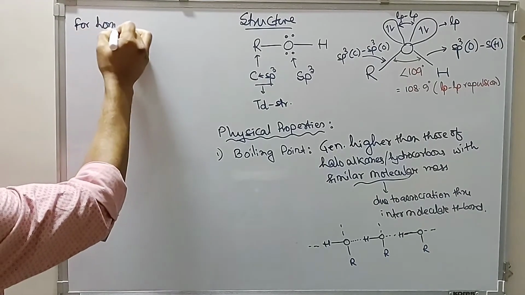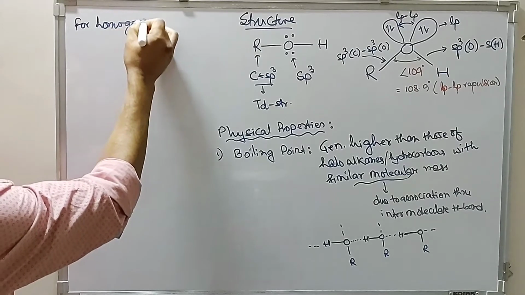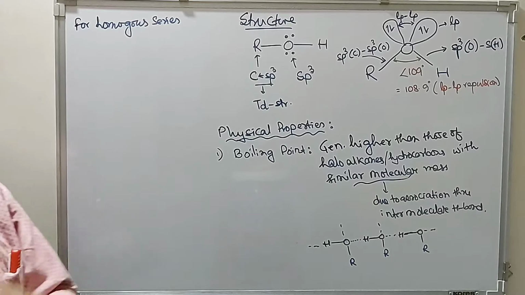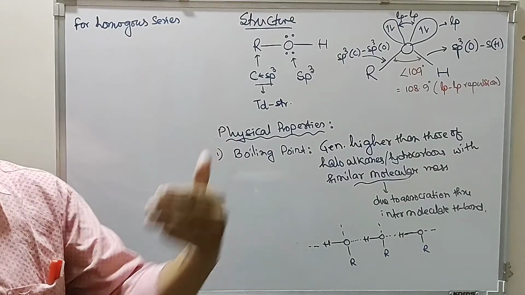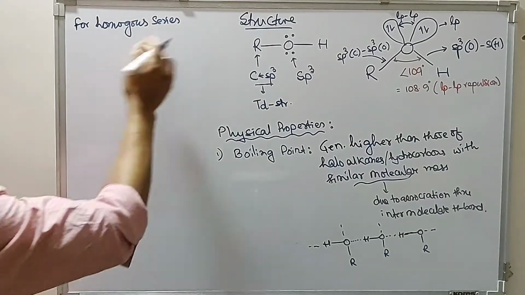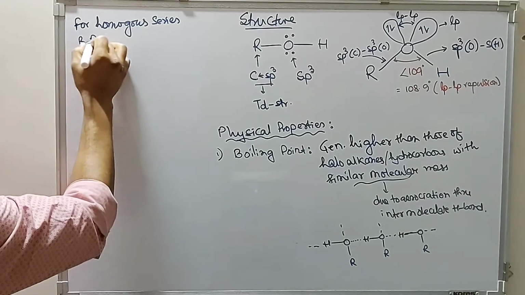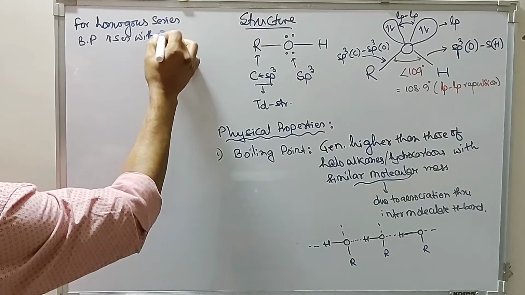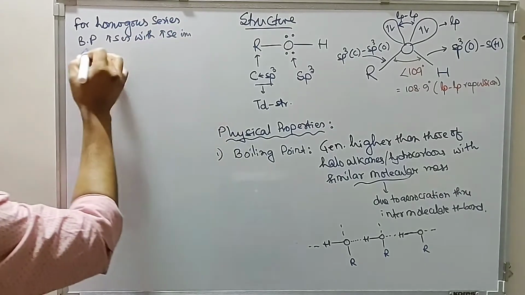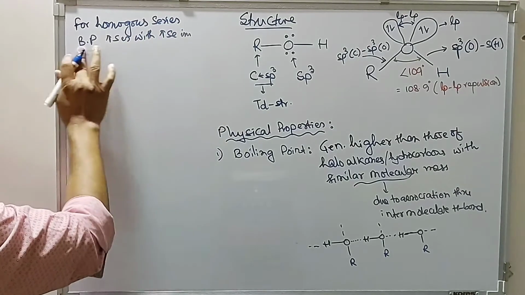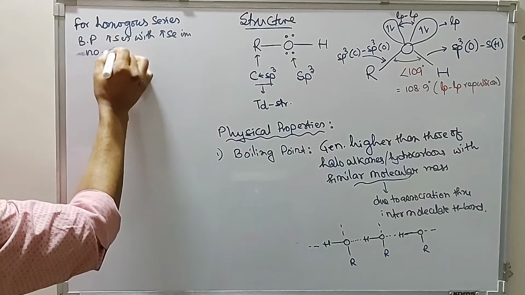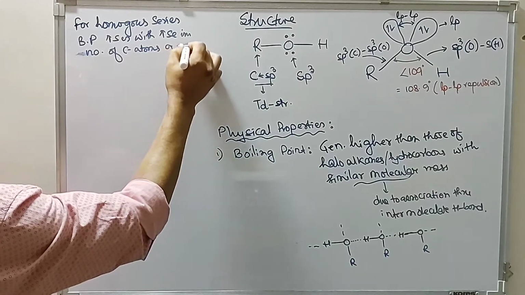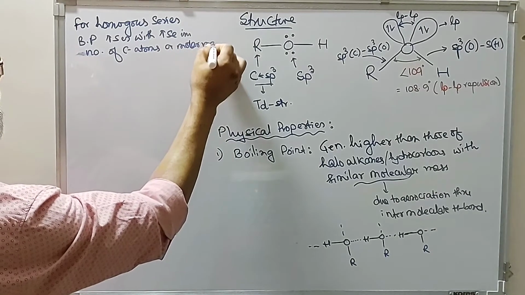For homologous series, so homologous series means series of compounds with similar molecular formula. For homologous series, boiling point increases with increase in number of carbon atoms or increase in molar mass.